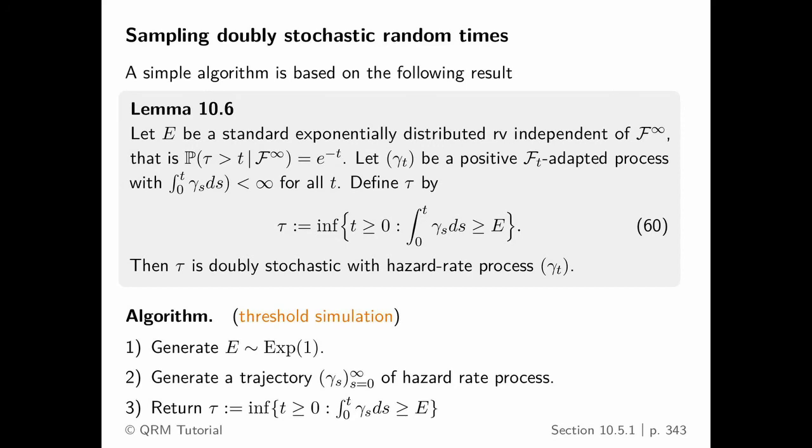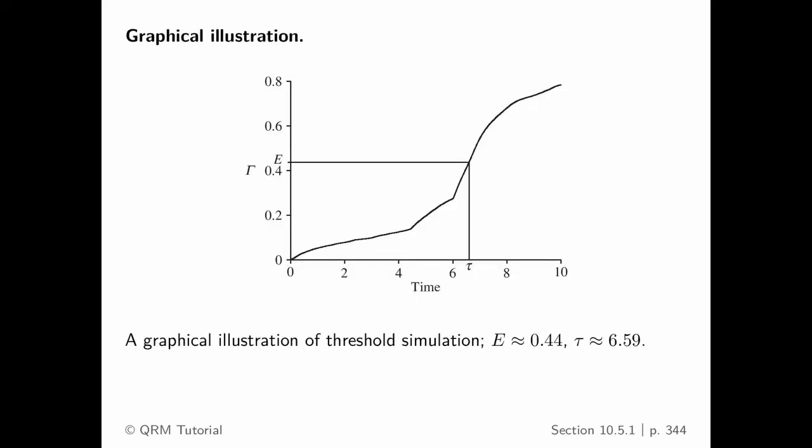Good. Maybe the best way to understand these times is to look at how you generate them on your computer. And I go on directly to the picture because from the picture you probably understand it best. You do a two-step thing. On the one hand, first you generate a trajectory of your hazard rate process.